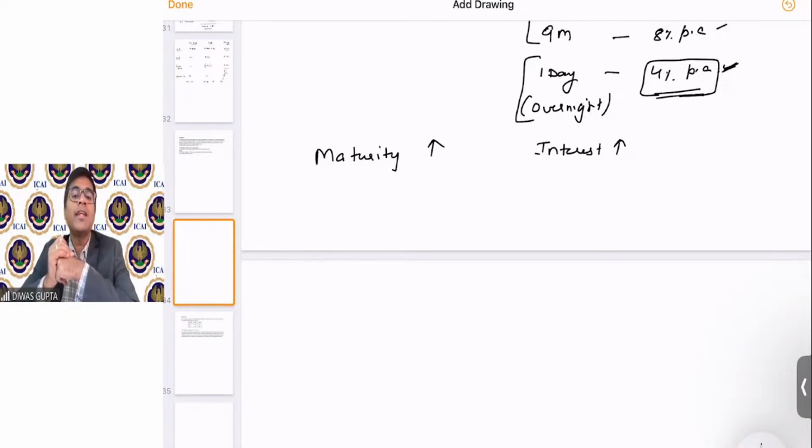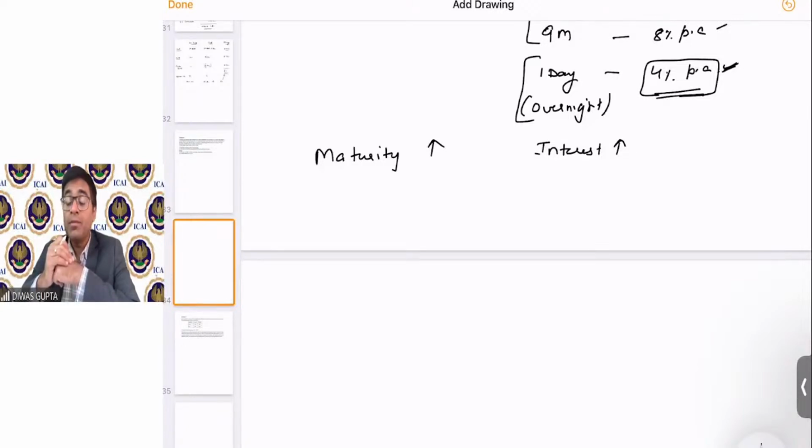As I told you yesterday, interest is paid because of two reasons: one is risk and one is time value of money. Now, if I say that for one day I have to borrow, essentially for one day there is no risk. Hence, for one day, which is an overnight amount, this 4% per annum indicates a riskless interest rate. There is no risk, students.